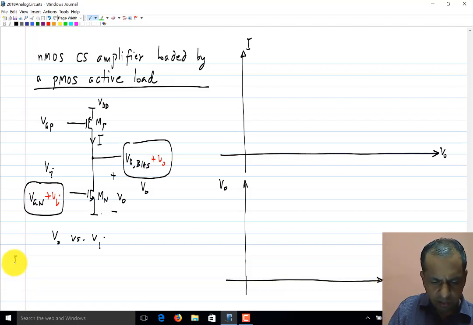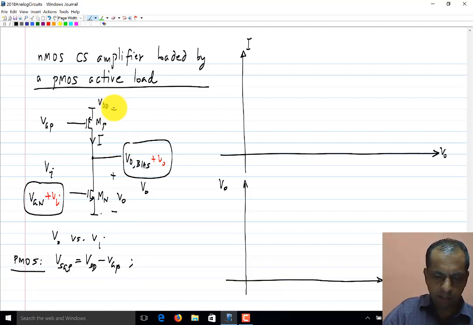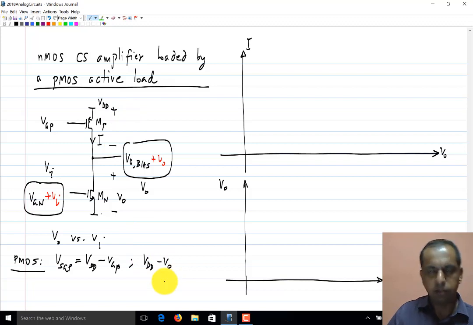Now in this case, the PMOS transistor has a fixed gate voltage, so a fixed source gate voltage VSG, which is equal to VDD minus VGP, and its source drain voltage is VDD minus VO.